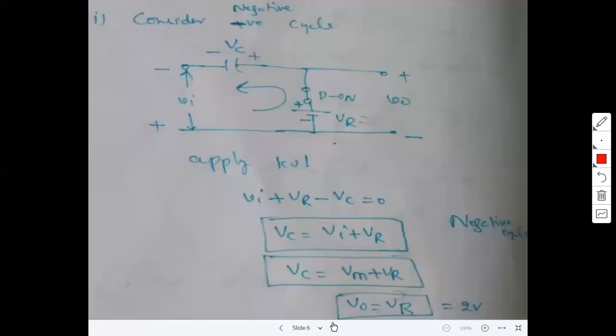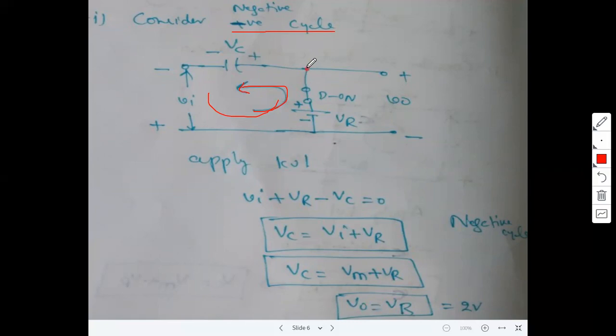Now coming to the analysis, consider the negative cycle. In the negative cycle, the diode D is on and the capacitor charges. Now apply KVL to this loop: Vi plus VR minus VC is equal to 0. The voltage across the capacitor is equal to Vi plus VR, where Vi is Vm plus Vr, as we already discussed.